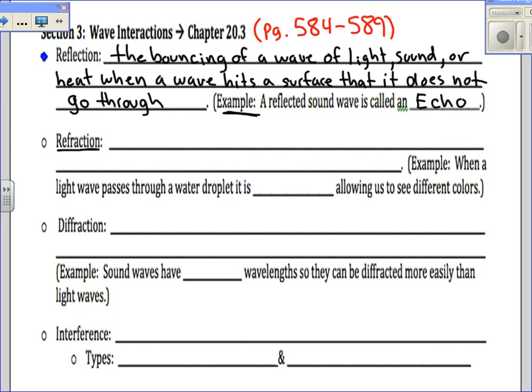Okay, that can happen. Now, refraction is the bending of a wave as the wave passes between two substances in which the speed of the wave differs.